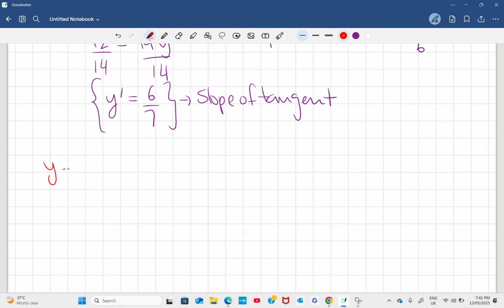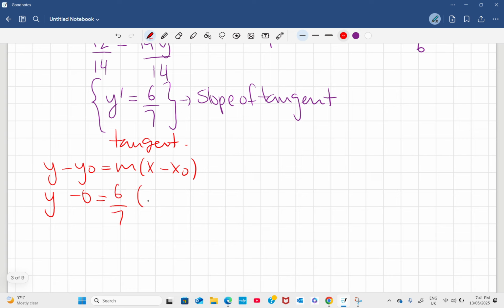So we have y minus y0 is equal to m into x minus x0. This is for finding the equation of the tangent. So y minus 0, which is just going to give me y, is equal to, let me just write it so people don't get confused, y minus 0 is equal to 6 over 7 into x minus minus 1.